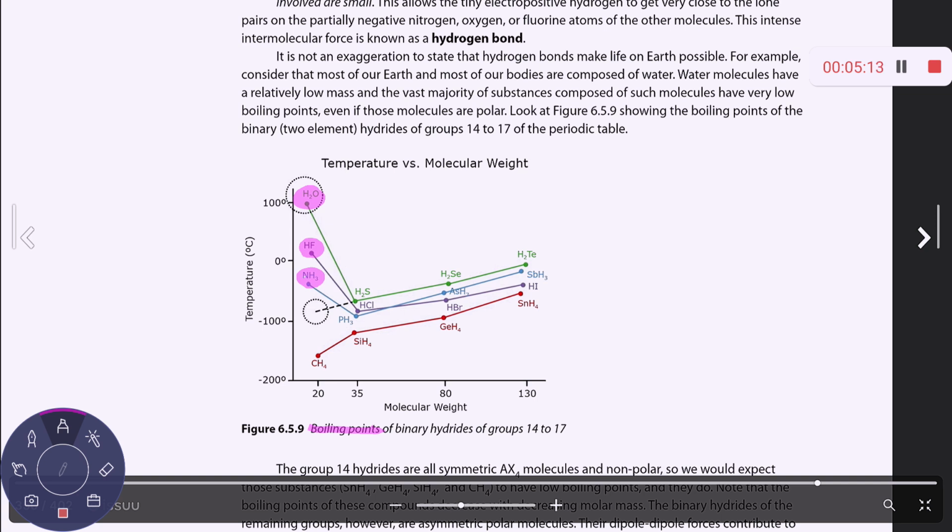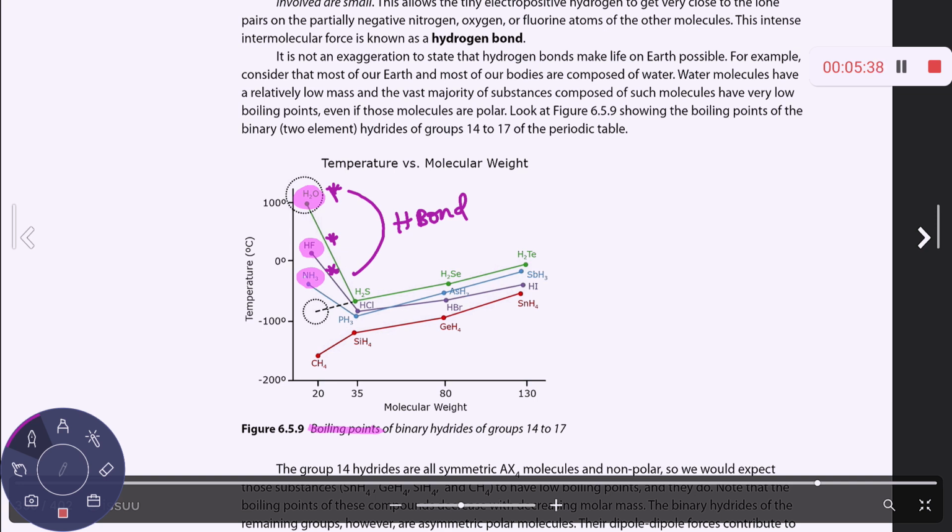These green, blue, purple, and red lines are the general trends for boiling points as you go down a particular group, and you can tell that these are extremely high. And this is due to the fact that all three of these hydrogen bond. It's going to take a tremendous amount of heat energy to break the intermolecular forces between the molecules and get them into the gas phase.